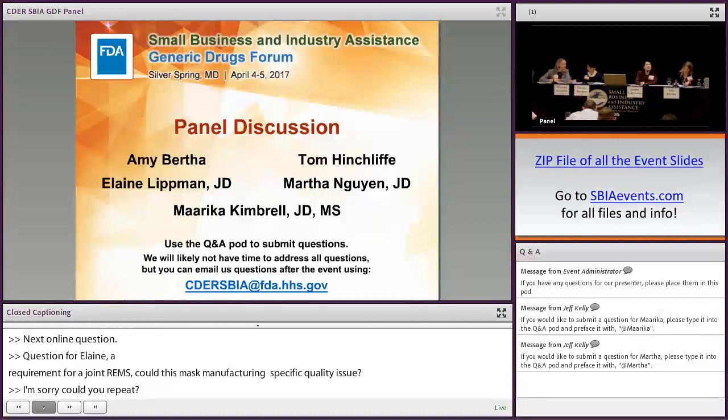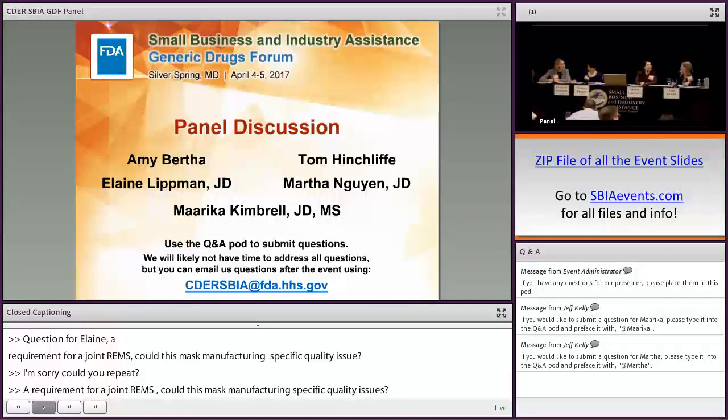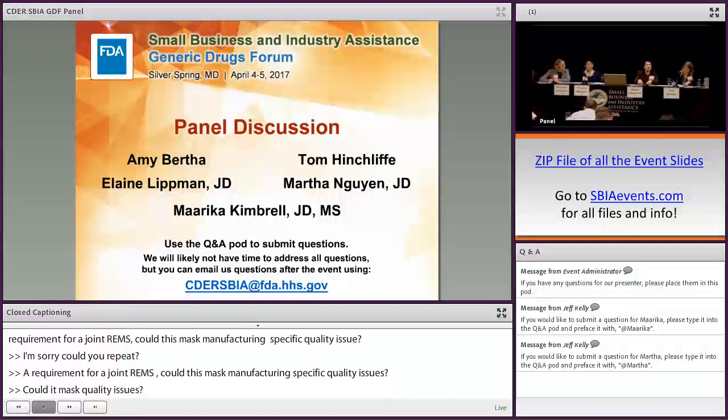Could it mask quality issues? I'm not sure I understand. So it's still separate products. It's just that they're being funneled through a joint REMS. I'm not sure I understand the question. Does that answer the question?